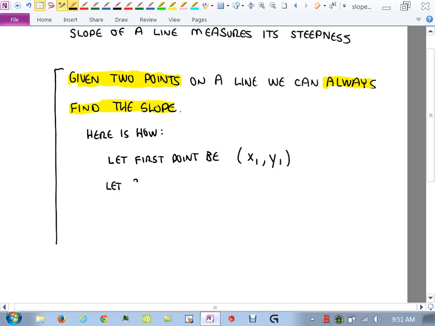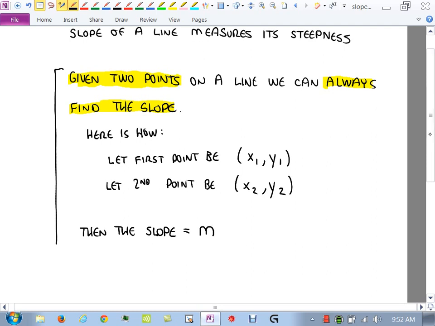So the first point's that one. Let second point be, what should I call that one? x, y, how should I subscript those? 2, 2, okay? Does that make sense? You have an x coordinate of the first point, a y coordinate of the first point, an x coordinate of the second point, a y coordinate of the second point. Then the slope is equal to, we use a letter for the slope.